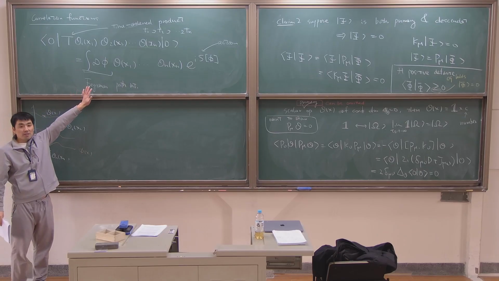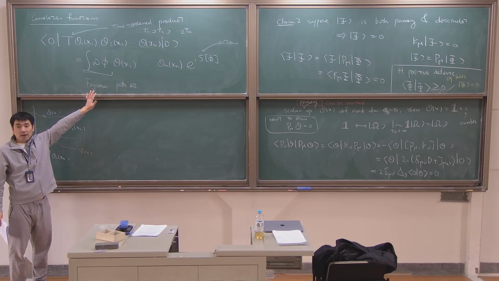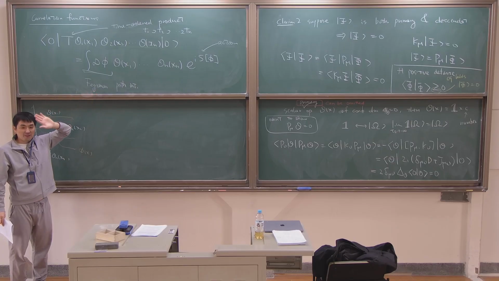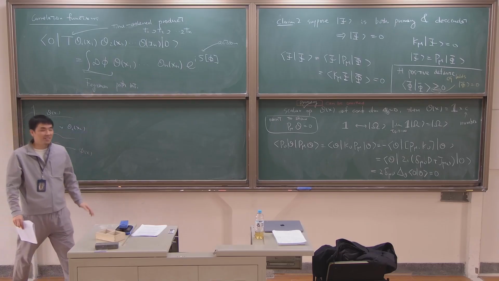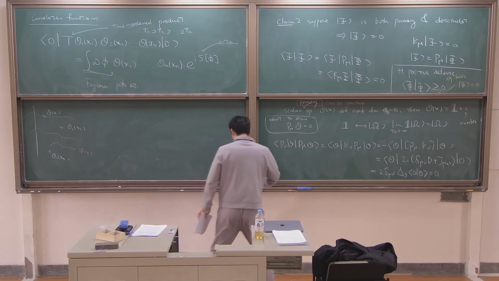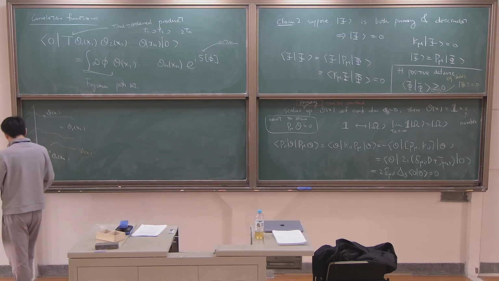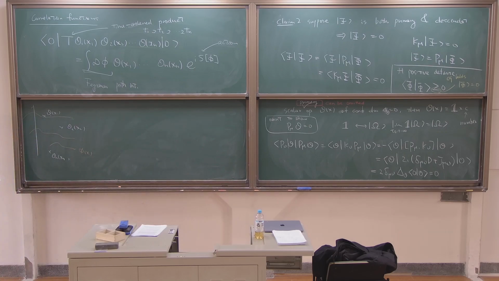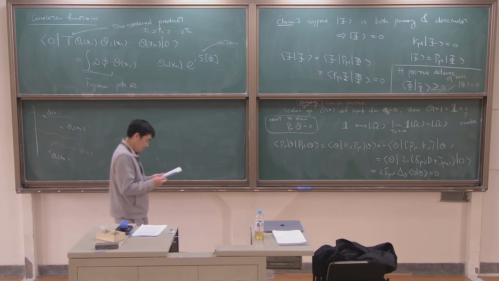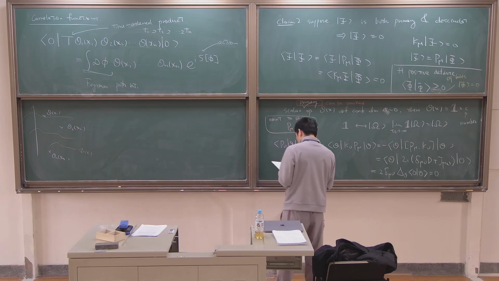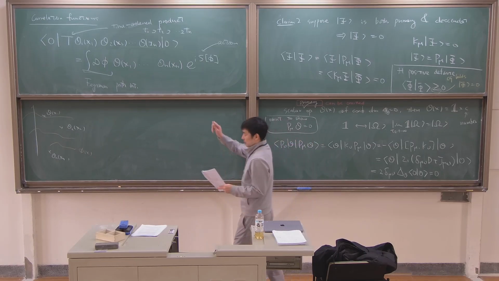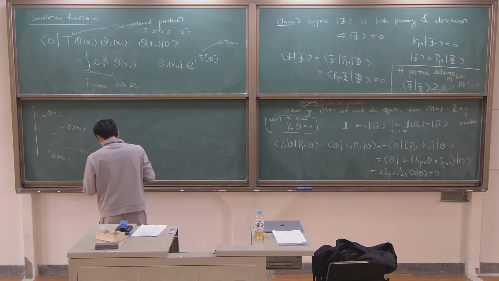This integral is not mathematically rigorously defined, first of all, and even if you define it, you cannot perform this integral unless it's a free theory. So it's a meaningless definition. Even though it gives a conceptual definition, you don't know how to deal with it.